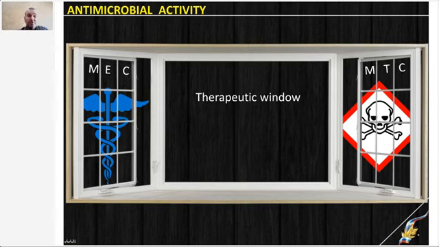It is the minimal amount of a drug which will provide your subject with a therapeutic effect, and minimum toxic concentration. It is the minimal amount of antibiotic which will induce an adverse event or side effect in your subject. And the interval between MEC and MTC is known as the therapeutic window.